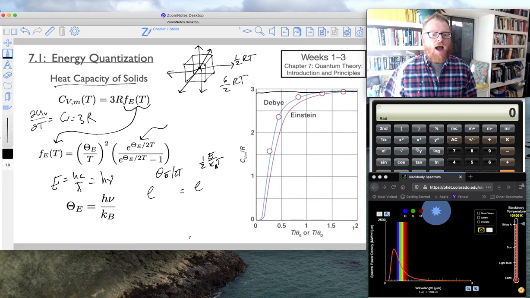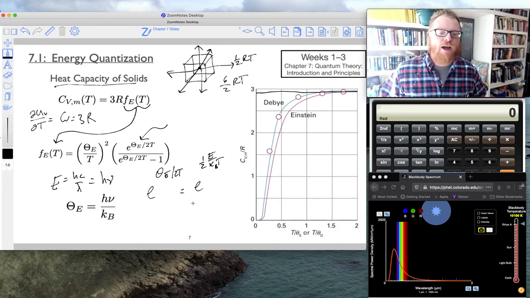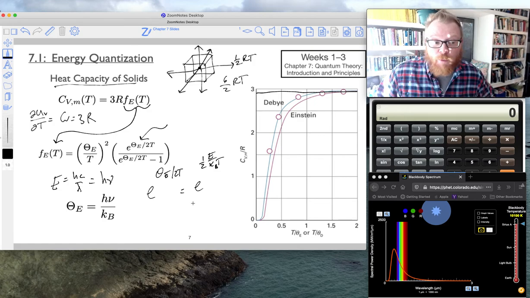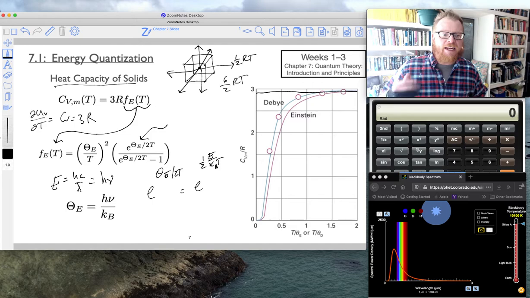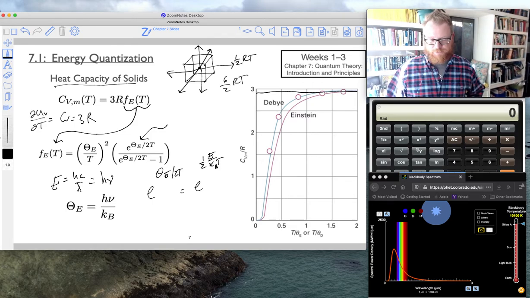There are obviously subtleties between the two formulas at lower temperatures, and I don't want to spend a whole lot of time on that. The main thing to review is that the heat capacity of a solid at room temperature will be 3R. However, at low temperatures, this is where interesting quantum mechanics type stuff is occurring, via the Einstein distribution or even the Debye distribution.